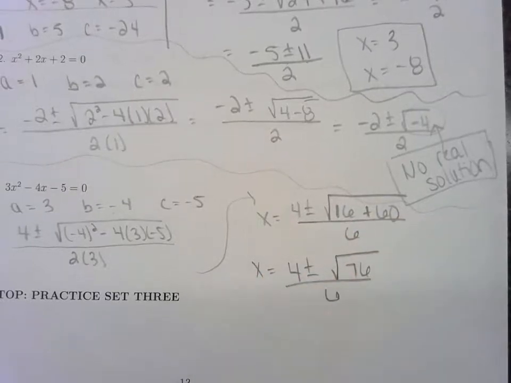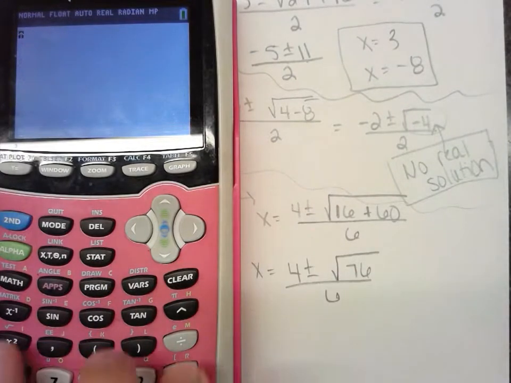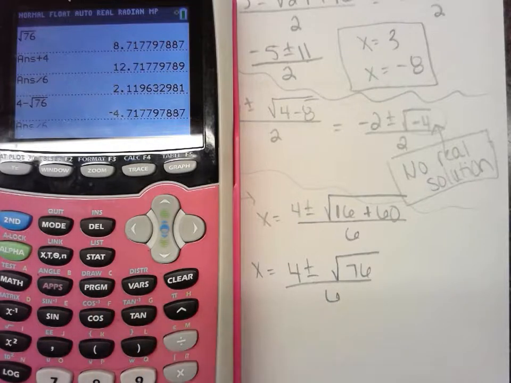You can go ahead and do your approximate answers here. You would do square root of 76, plus 4 first, and then divide it by 6. There's one approximate answer. Then you would do 4 minus the square root of 76 divided by 6.